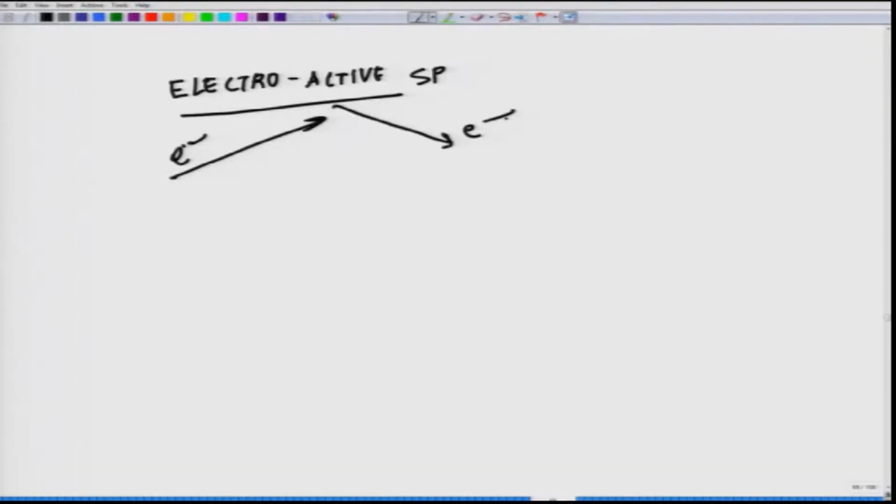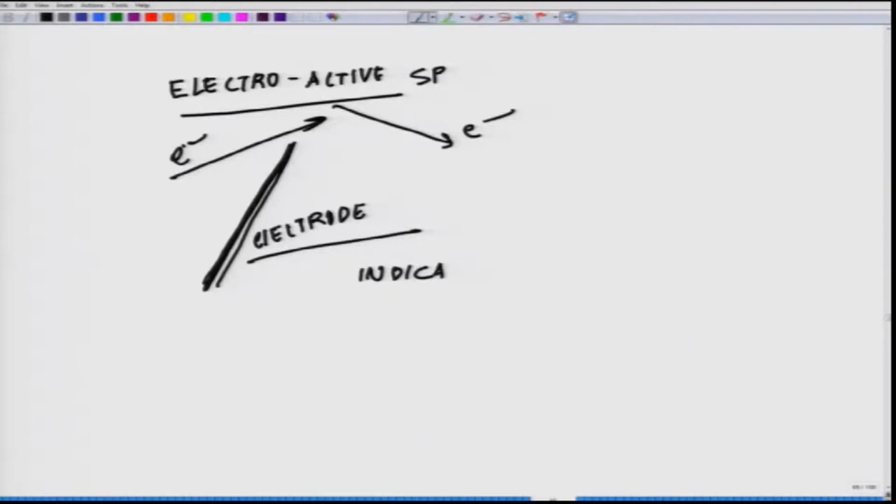Okay. It could be either a beggar for electron or a donator of electron, and the electrode which responds to analyte is called indicator electrode. Okay. Indicator electrode.